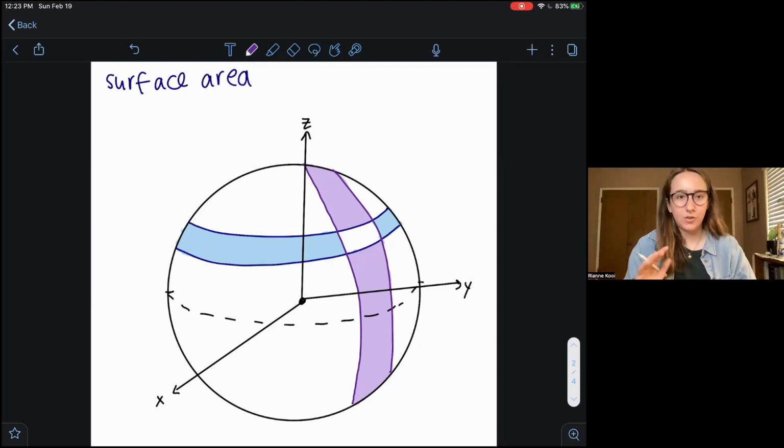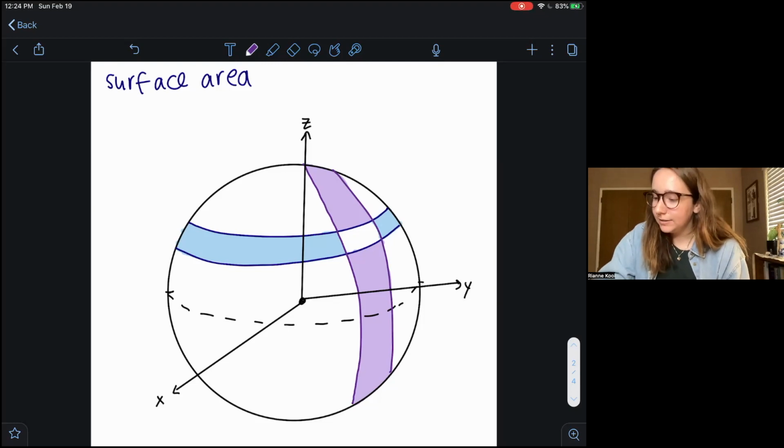We're trying to find the surface area of this sphere. And just like the time before, the best way to do that is to find the area of a very small sliver of the larger object, and then integrate over the entire surface. So that's exactly what we're going to do here.